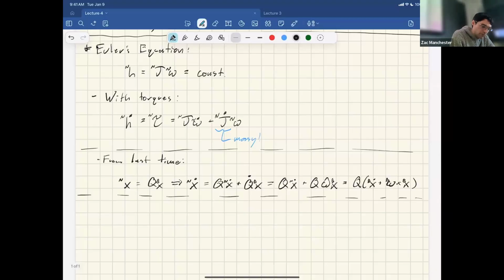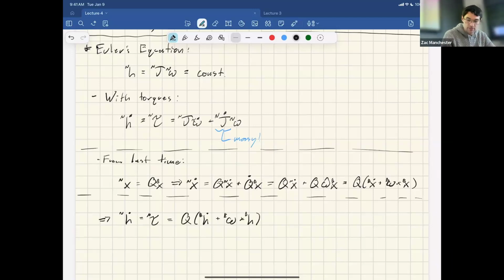So if we use that result on the momentum, we've got H dot in the n frame is torque in the n frame. Then if we rewrite that in the body frame using that little result from above, we get H dot in the body frame plus omega cross H, all in the body frame now.